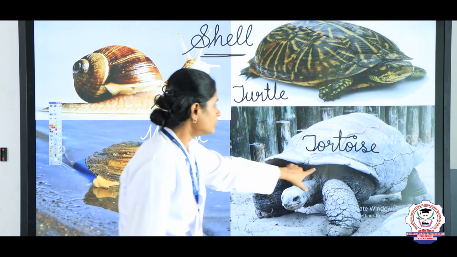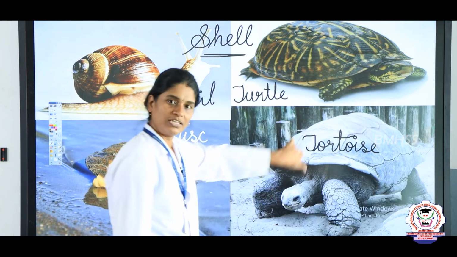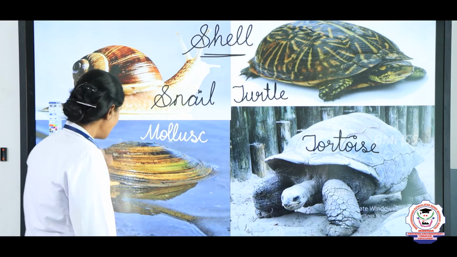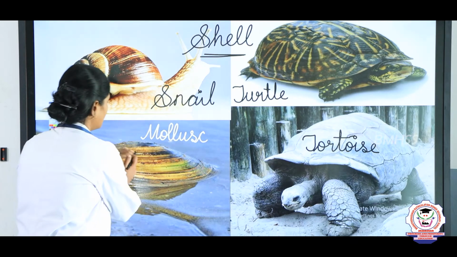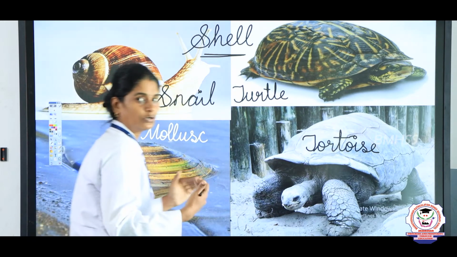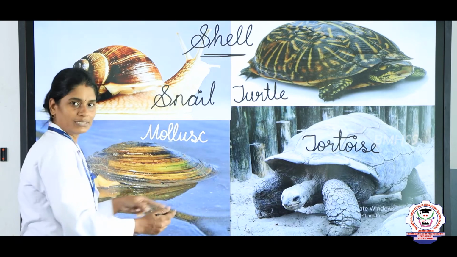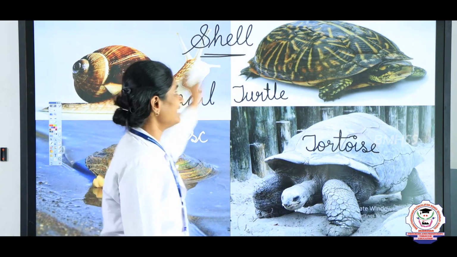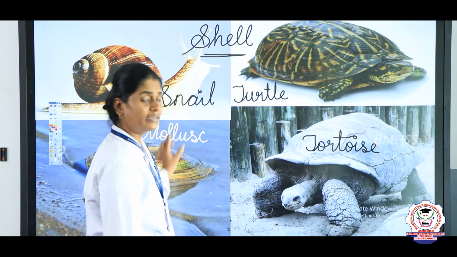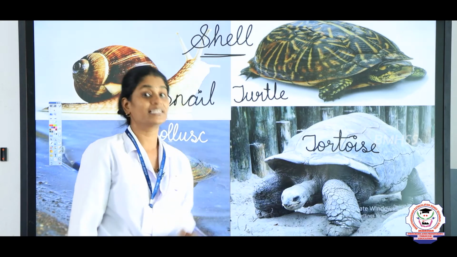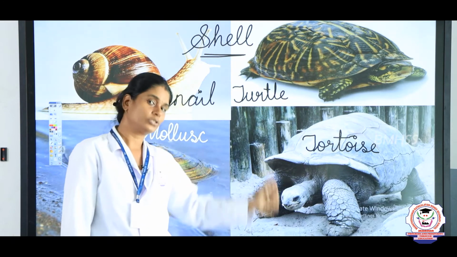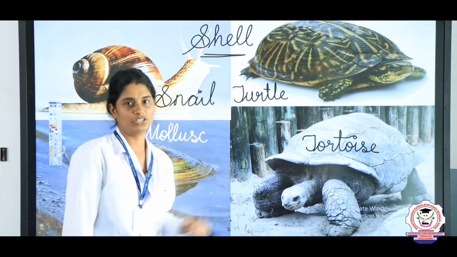Tortoise also has a shell, and the mollusk also hides itself in the shell. Mostly on the beach we can see these animals, right? So what are the animals that have shell as a body covering? Yes, mollusk, tortoise, turtle and snail, right?